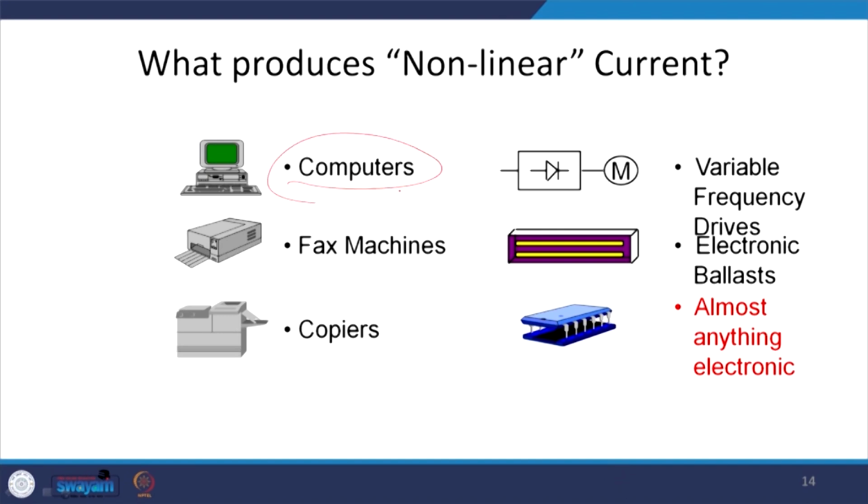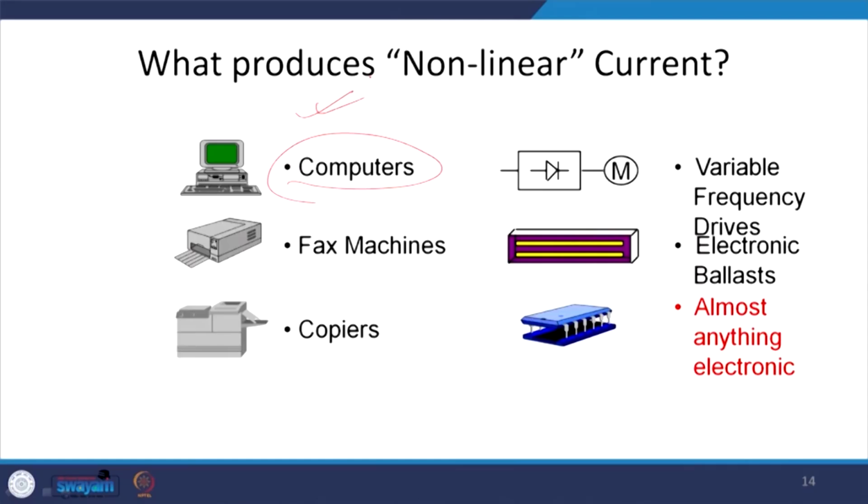For example, a computer comes with an SMPS. SMPS is essentially an AC to DC conversion, thereafter a DC to DC conversion, and it definitely has rectification. This rectification is a nonlinear conversion, and thus it causes the injection of harmonics. The same way for fax machines, photocopy machines, copiers, or the variable frequency drive, V by F control drive, or an electronic ballast for the chokes.